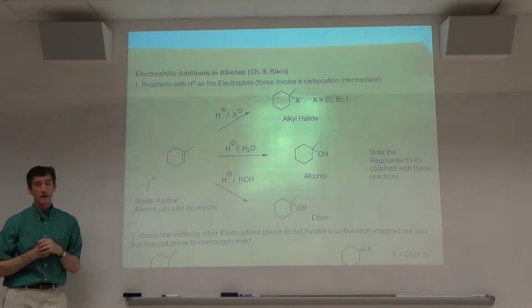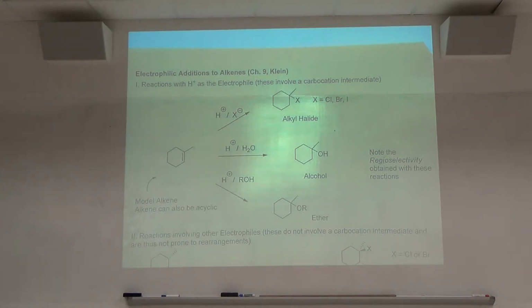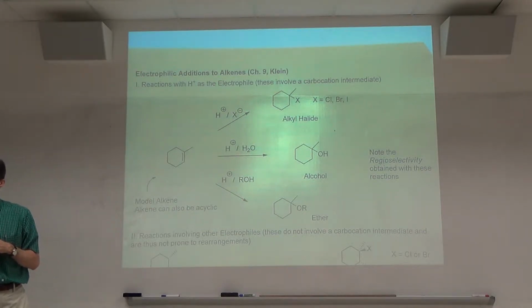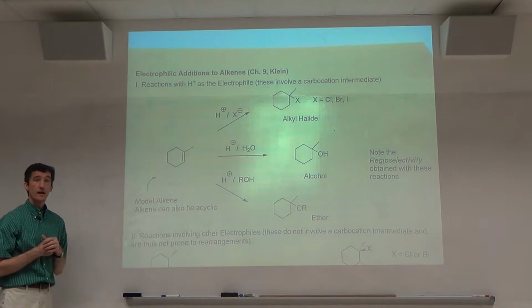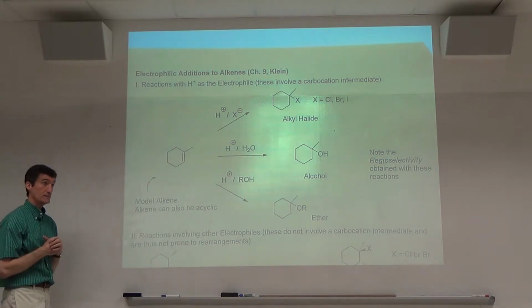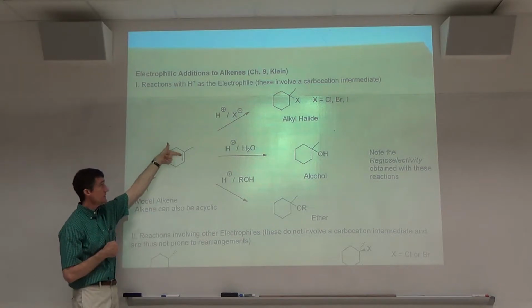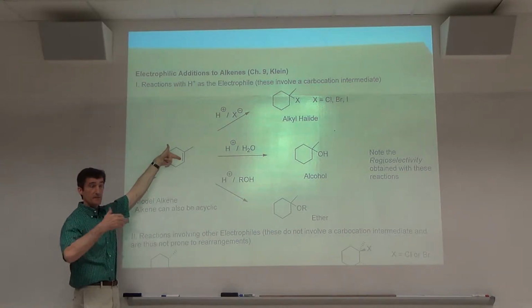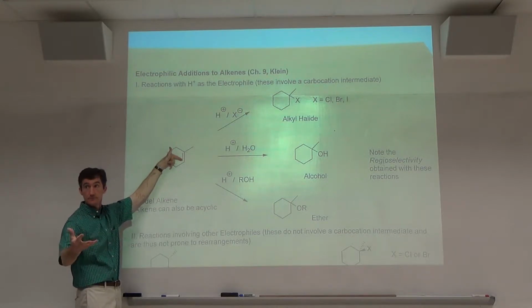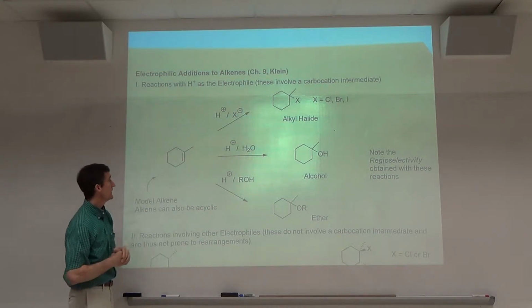The first, nucleophiles react with electrophiles. What does an electrophile love? Electrons. Okay? So this is your electrons here. And the thing that it reacts with apparently loves electrons, or it wouldn't be reacting with it. So it's called the electrophile.